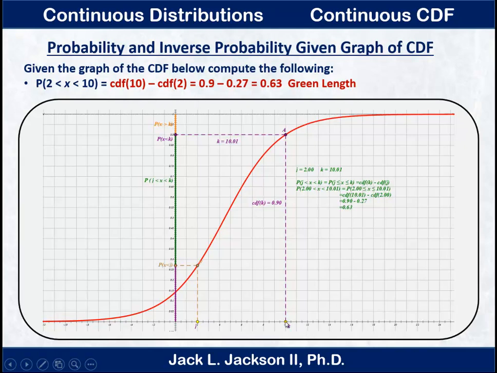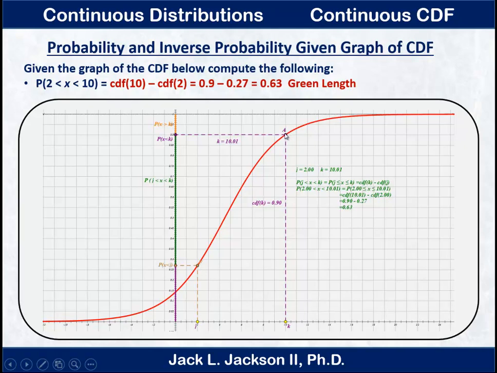So find 10 on the x, come up here, find the y value there, which looks like 0.9, find the 2 on here, go up, find the y value here, which looks like 0.27, subtract, and you get 0.63. We can see that is this green length here, which is a vertical length between the two y values, the y value of this point above 2 and the y value of this one above 10.